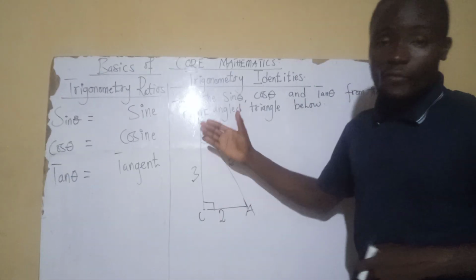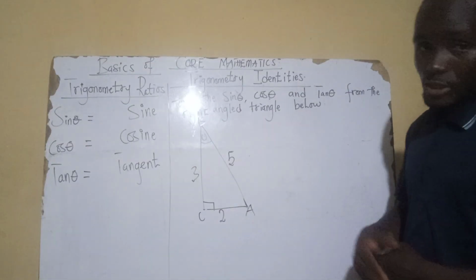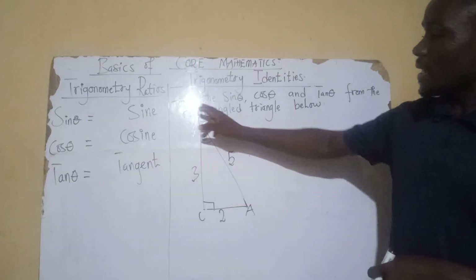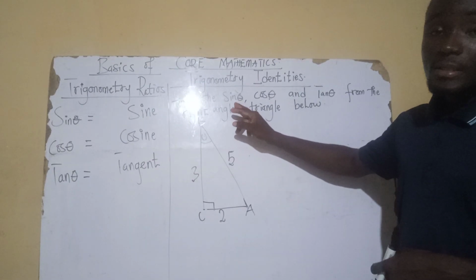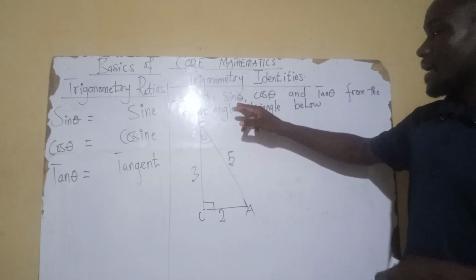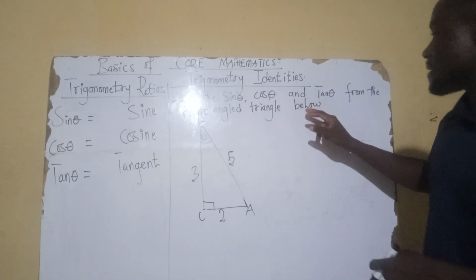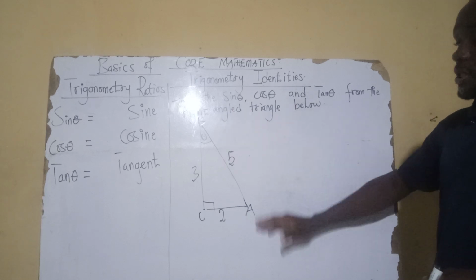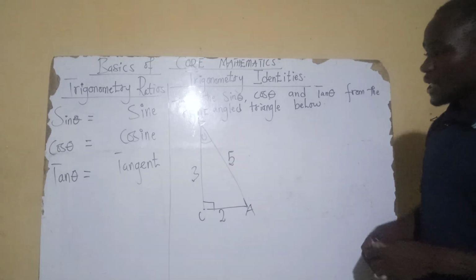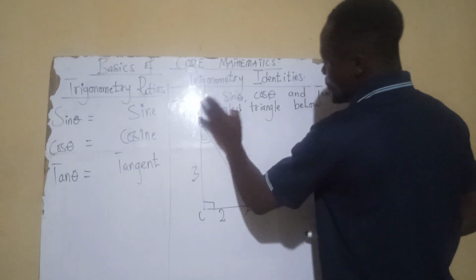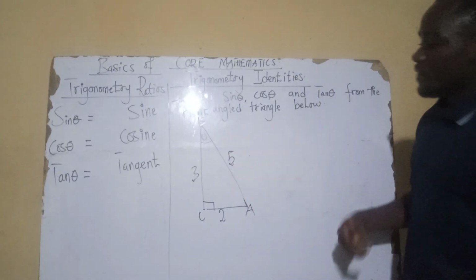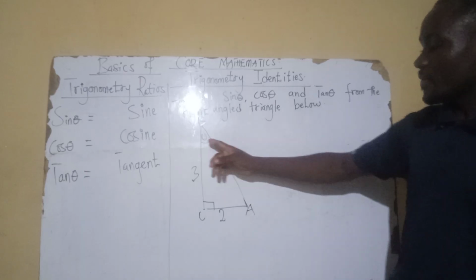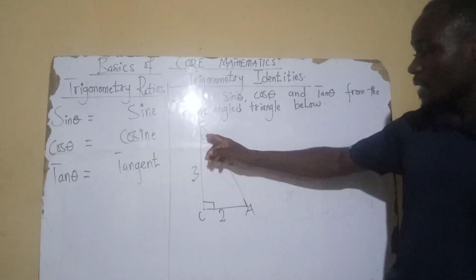Now let's focus on this question. Let's dive into this question and know how to go about it in an easy way. It says find the sine theta, cos theta, and tan theta from the right angled triangle below. So we have a right angle triangle here. Then we've been asked to find the sine of the reference angle, the cos of the reference angle, and then tan of the reference angle.